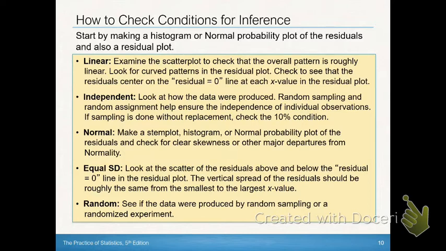We want to look for an equal standard deviation in the residual plot. So remember, that's the sideways Christmas tree or the fan pattern that we do not want to see. And then we also want to see that random sample. And remember, all of these, if you look at just the first letter, almost spell the word linear. That's a way for us to remember what all of these conditions are.